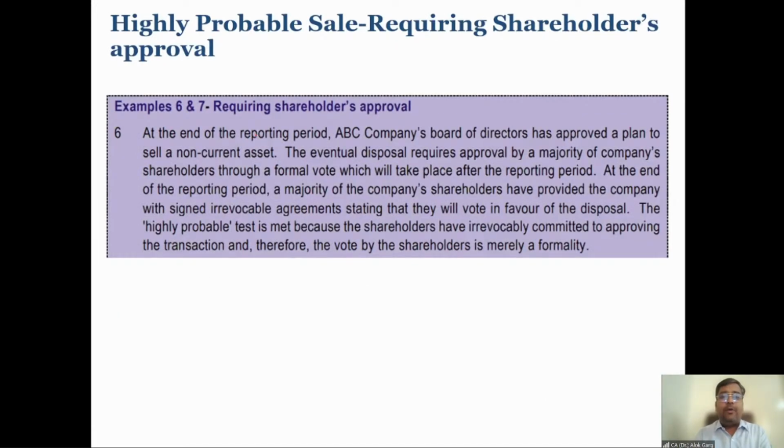At the end of the reporting period, ABC Company's board of directors has approved a plan to sell a non-current asset. The eventual disposal requires approval by a majority of the company's shareholders through a formal vote, which will take place after the reporting period.